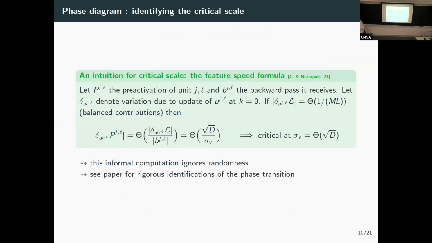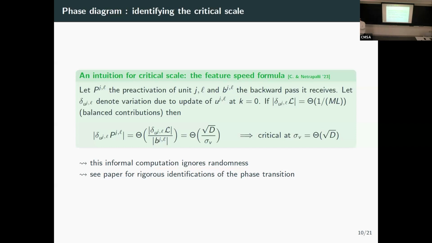Okay, so maybe I can give one quick rule of thumb to understand where this comes from. There are several ways to identify the phase transitions. Here there's one way which uses the fact that there's a relationship between the change of the preactivation due to a certain weight matrix during one gradient step and the change of the loss and the backward pass received by this preactivation.